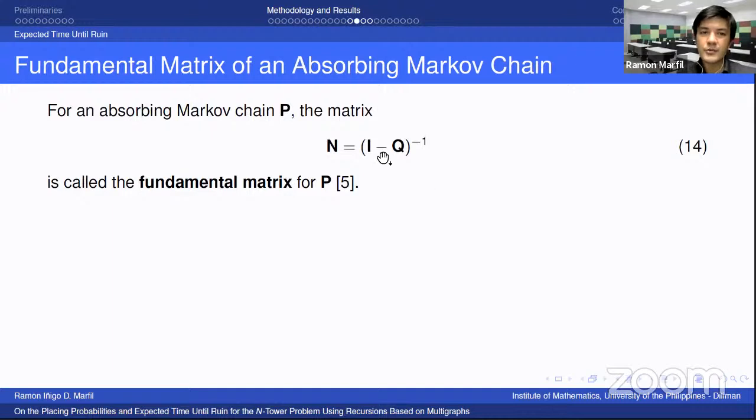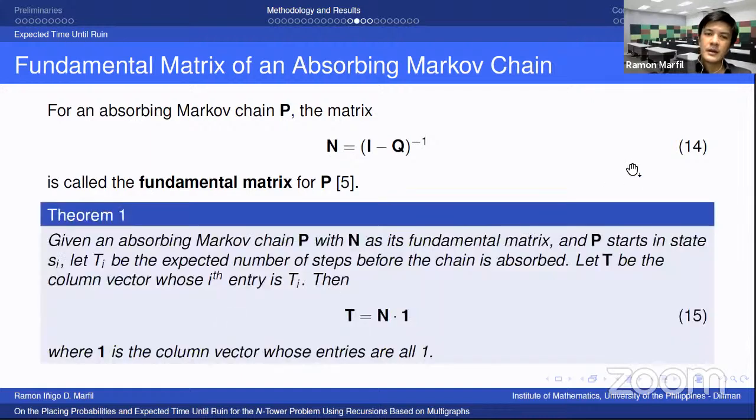And for an absorbing Markov chain P, the matrix N is called the fundamental matrix for P. And we have this theorem na given an absorbing Markov chain P with N as its fundamental matrix, and P starts in state S sub I, we let T sub I be the expected number of steps before the chain is absorbed.